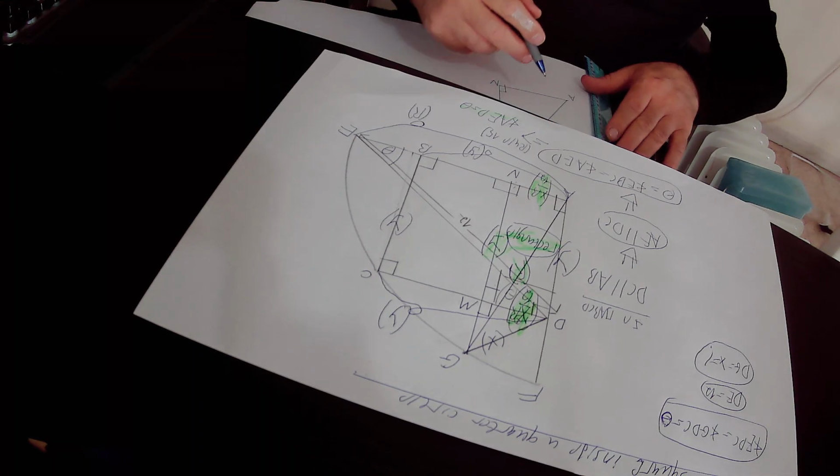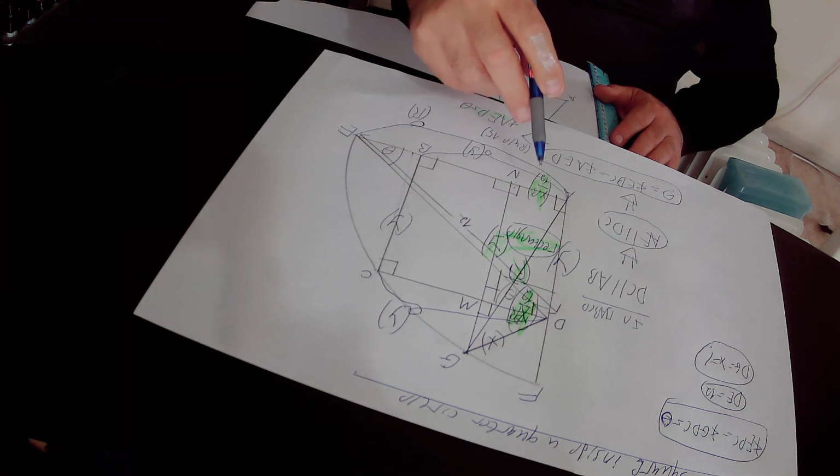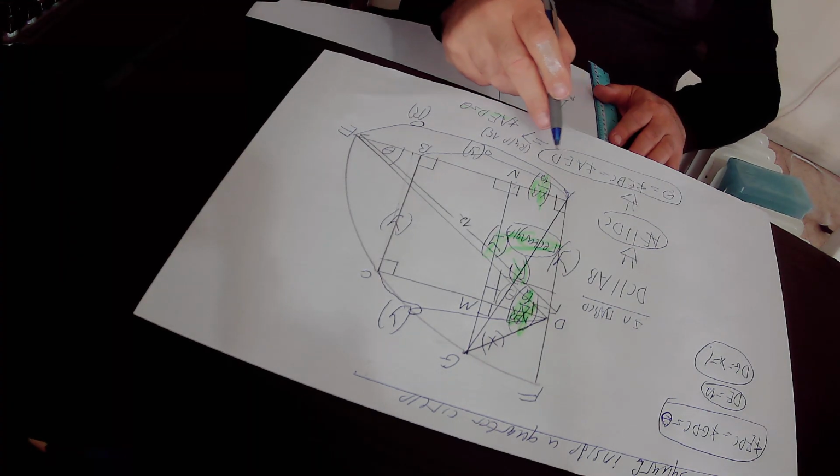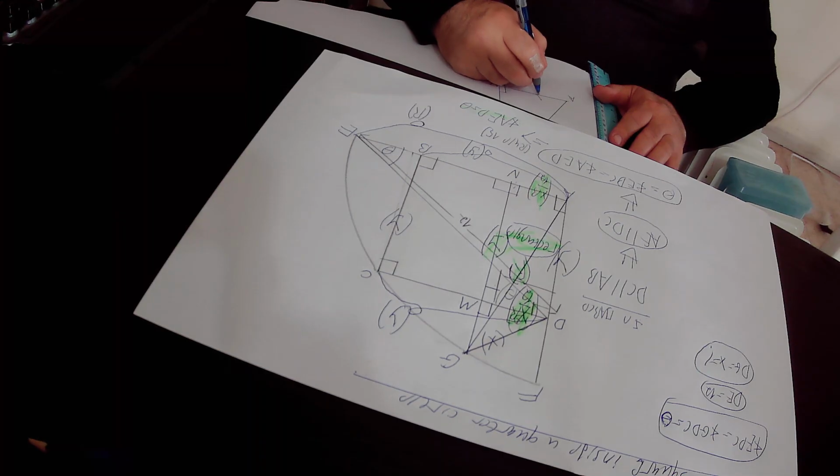We just found out that the side AG of the right triangle AGN equals R. It is also the radius of the quarter circle. We have already found out that side AN equals XR over 12.